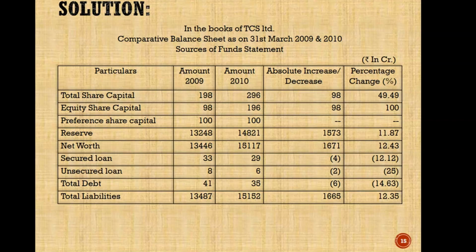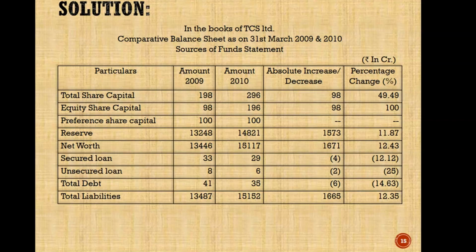Then we calculated absolute increase or decrease. By looking at the figure, we come to know that yes, it has increased. That means here we are deducting the amount of 2009 from 2010, that is, the previous year amount from the current year figure.